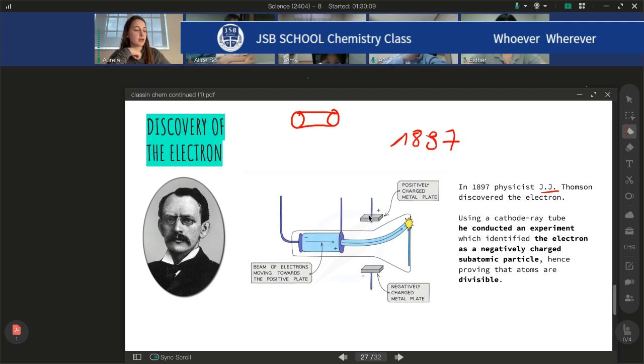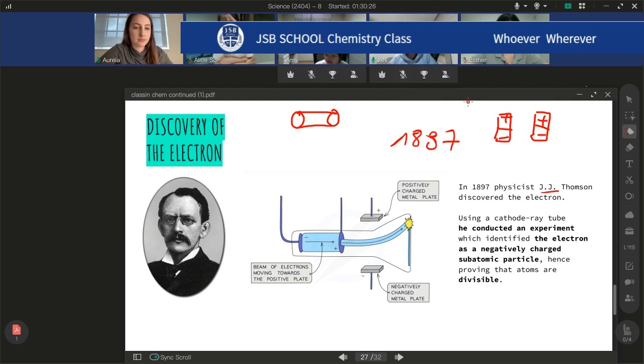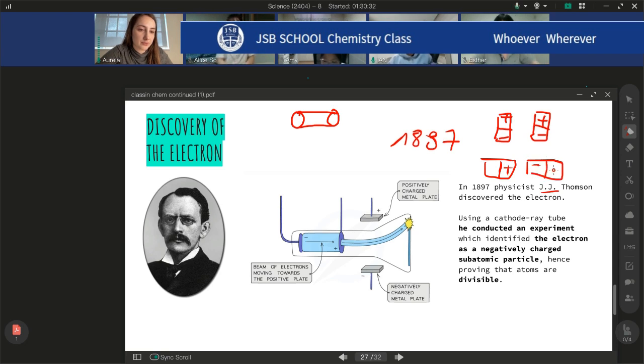So if you have two magnets, plus, minus, plus, minus, which sides, if you bring them together, will come together? Plus and minus sign. Exactly, right? So plus and minus will be attracting each other.